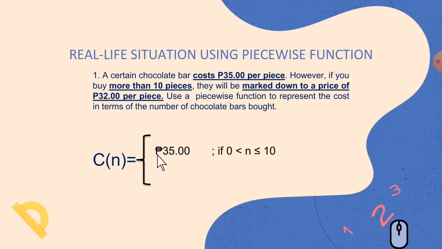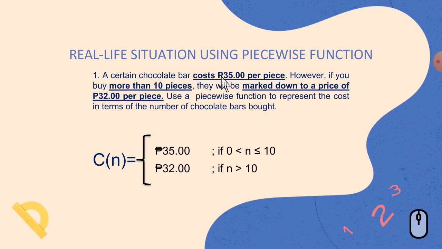Again, 35 pesos. 35 pesos ang babayaran natin kapag yung value ng N natin ay lalagpas sa 0 pero hindi lalagpas sa 10. So, hanggang 10 lang yung ating dapat bibilhin na chocolate kung magbabayad tayo ng 35 pesos.